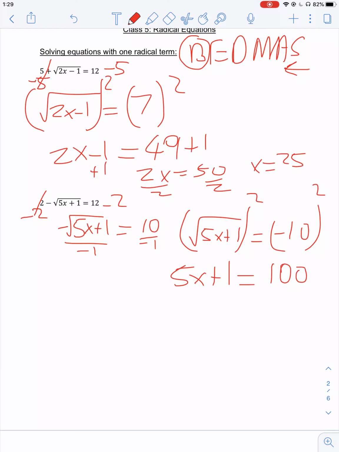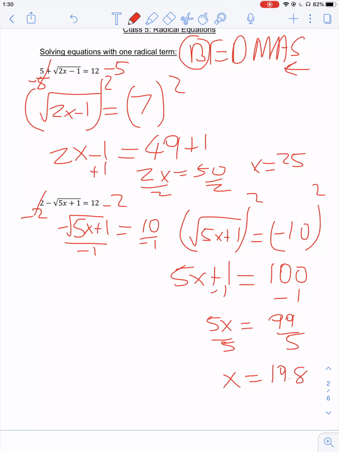Then you'll have to remove 1, so minus 1, and you have 5x equals 99. Then you divide this by 5, divide this by 5. So x will equal 20 times 5 is 100, so I think this is 19.8.